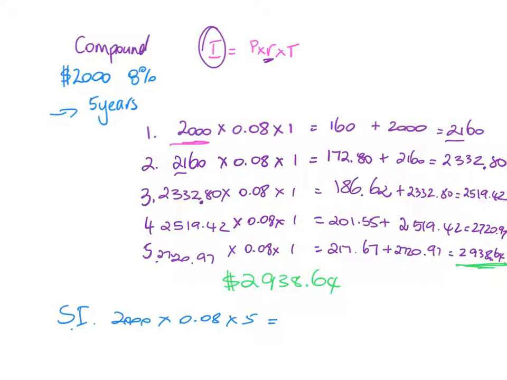It would work out to be $800 plus our original $2,000. So if we weren't compounding, we would only get $2,800 as opposed to compounding, reinvesting our interest earnings. So compounding really is another human discovery, just like the wheel. Okay, I hope you enjoyed this.